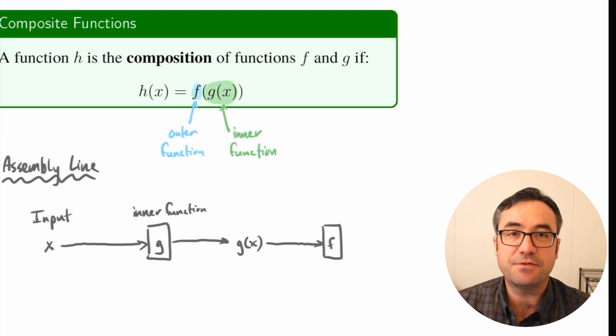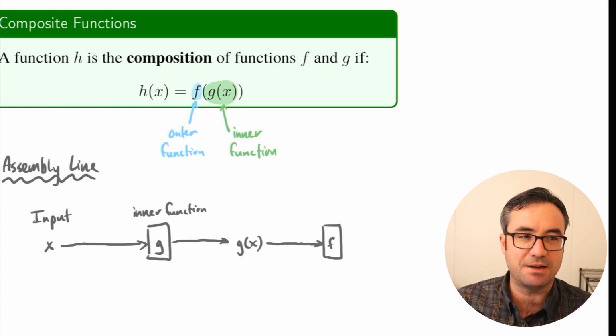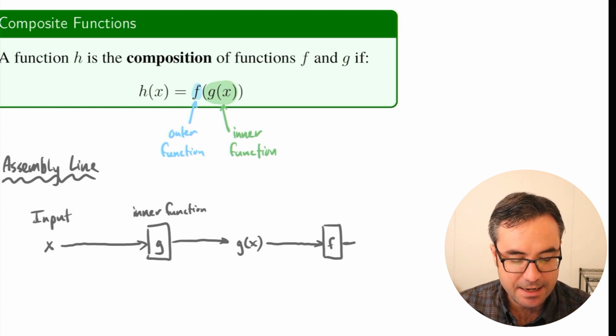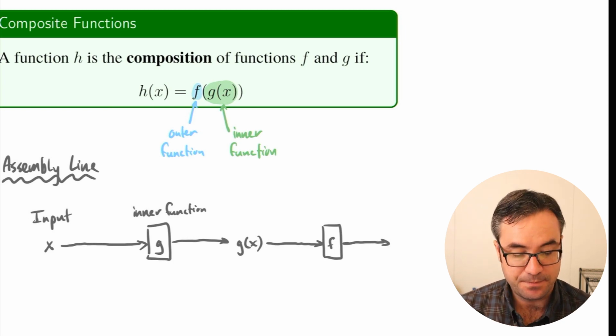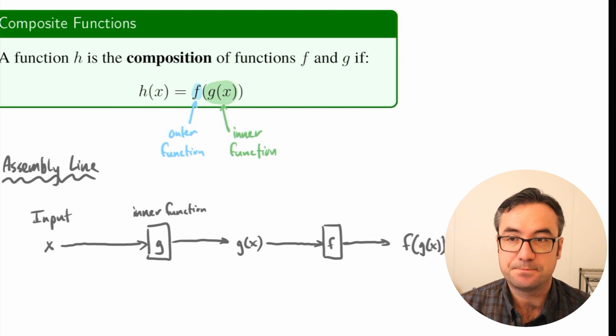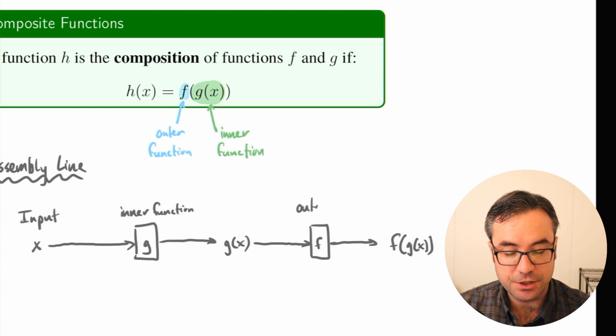And what function f does is it takes that input g of x, does something to it, and gives us out ultimately the output that we end up with, f of g of x. This is our outer function working its little bit of magic. And then we end up with our output.